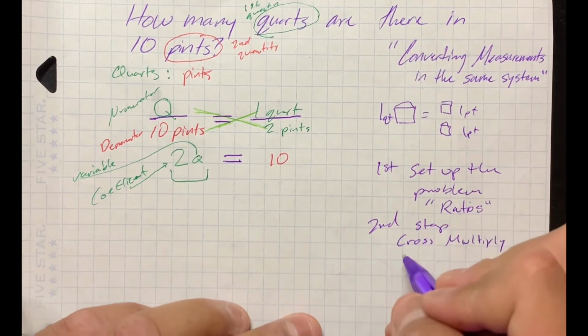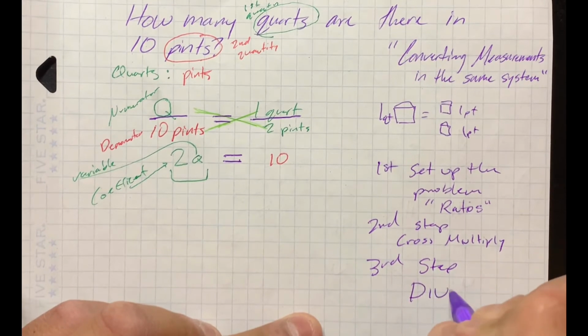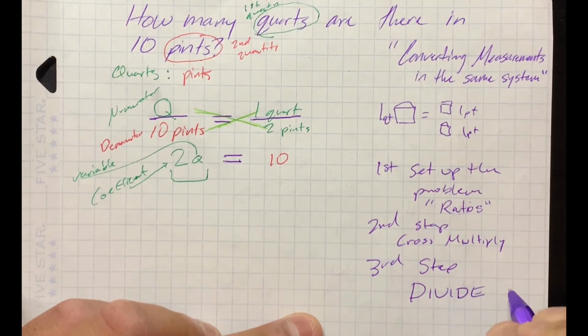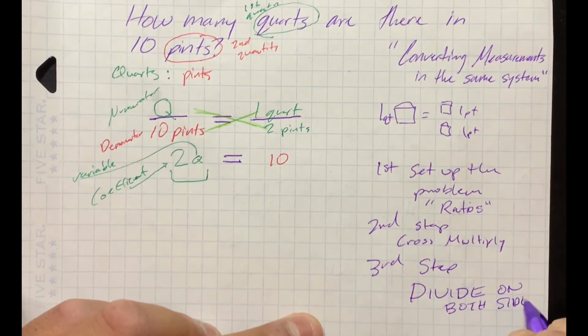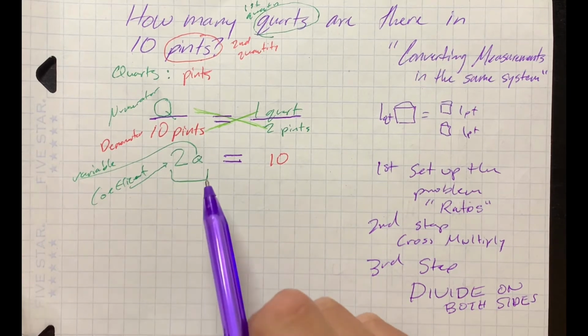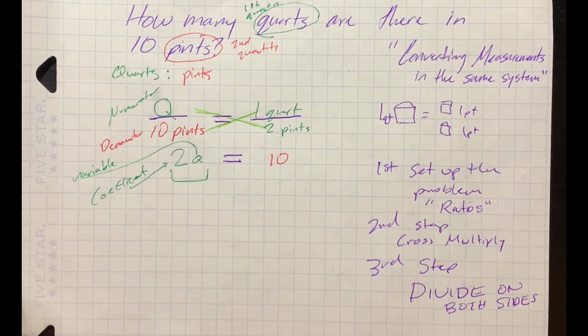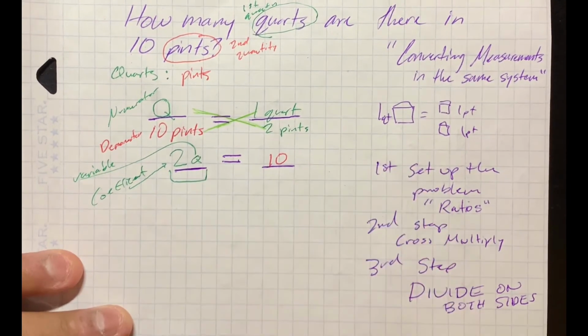So that's your third step: divide on both sides. In this case, we want to isolate the variable. Isolate means to get the variable Q by itself. So we divide on both sides.